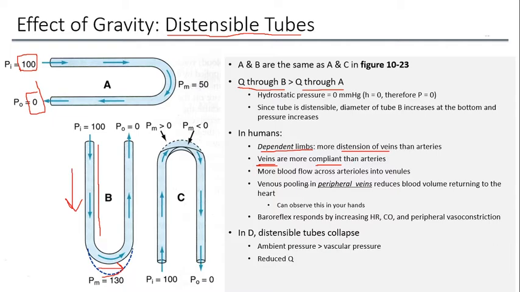And the problem with that is that as venous pooling in the veins increases, that reduces the amount of blood that returns to the heart, right? And so if we reduce blood volume returning to the heart, we're ultimately going to see a decrease in stroke volume, which we know is going to then decrease cardiac output, right?